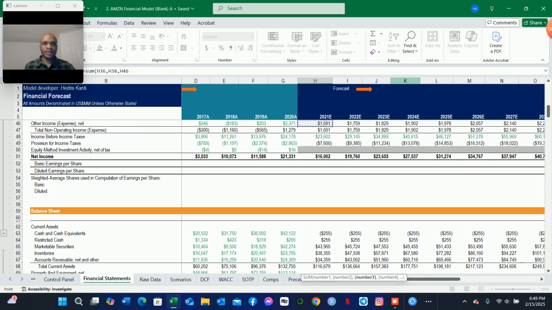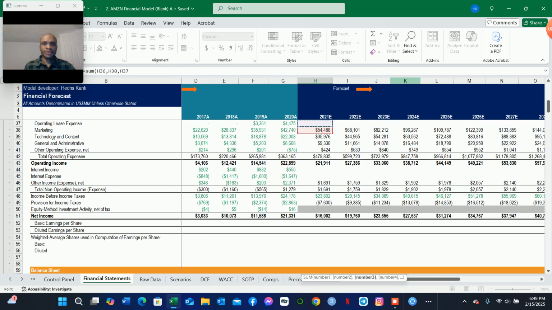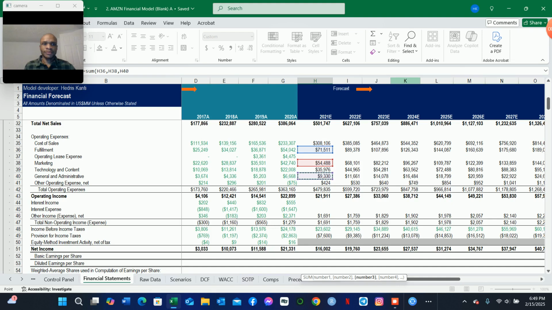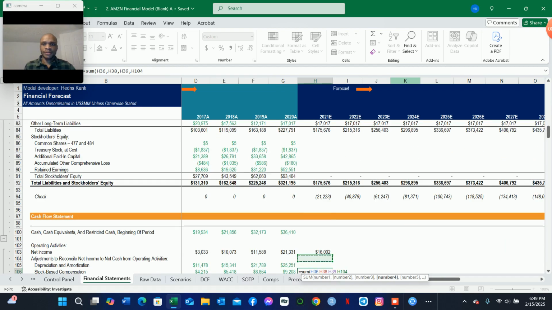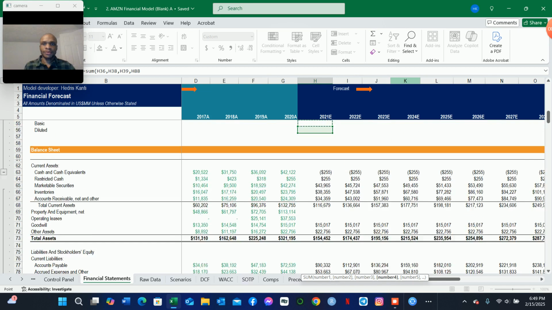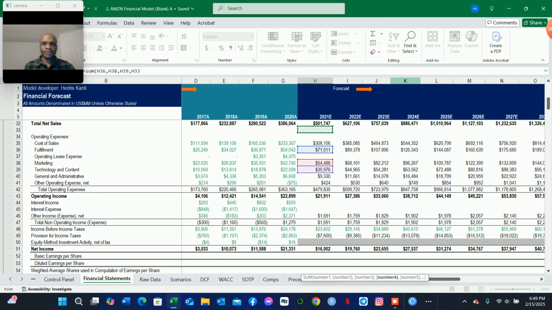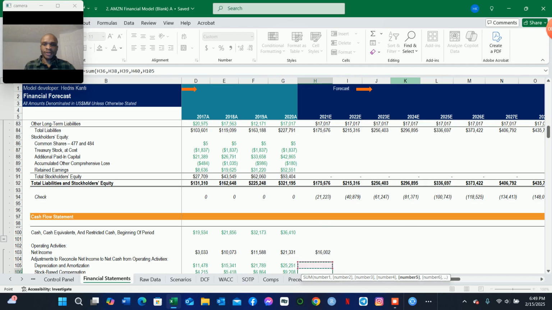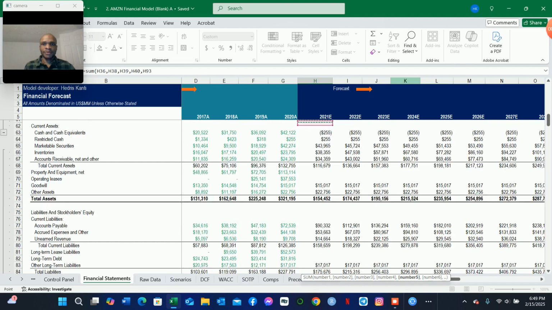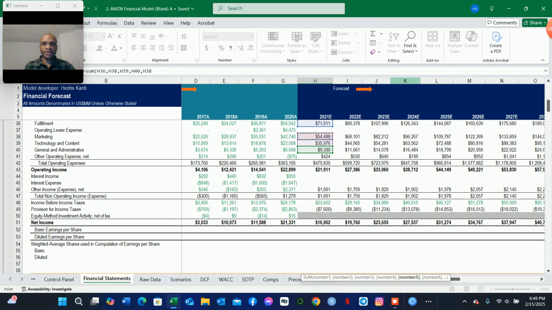We also believe that the technology and content department may also receive stock-based compensation. And also general and administrative expenses, so that the administrative department may be subject to stock-based compensation.